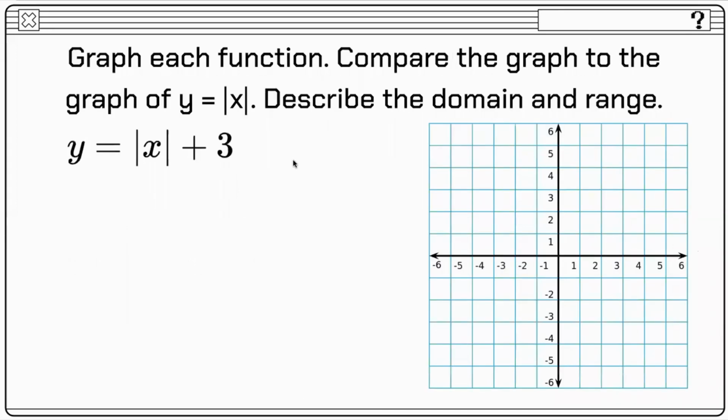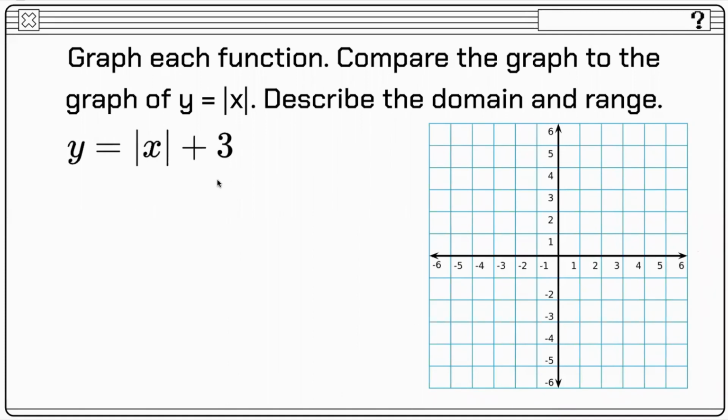We're going to graph this function and then compare the graph to the graph of y equals absolute value of x, then describe the domain and range. So our equation here is y equals absolute value of x plus 3.